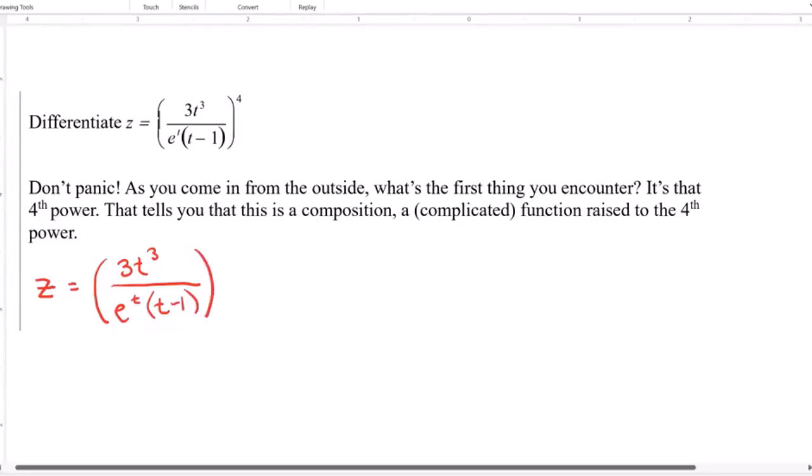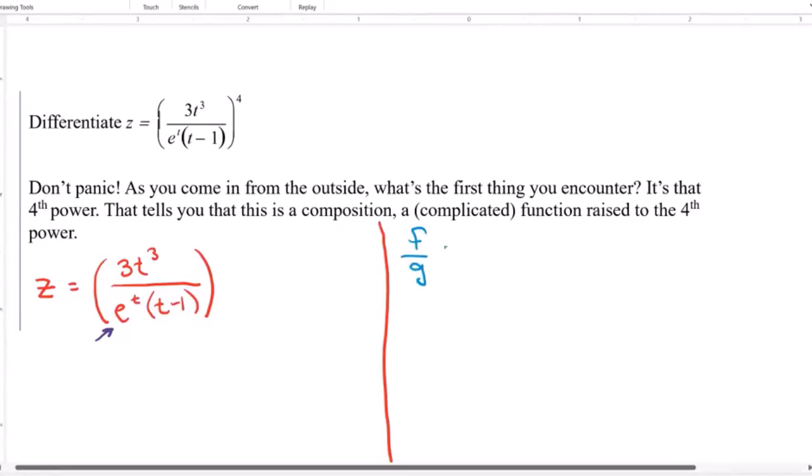Okay, so we have a function divided by a product rule. So we need to go very slowly and carefully. Because I have a quotient rule, I have f over g.